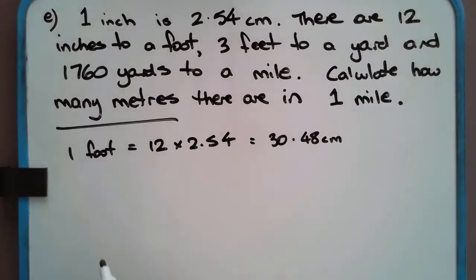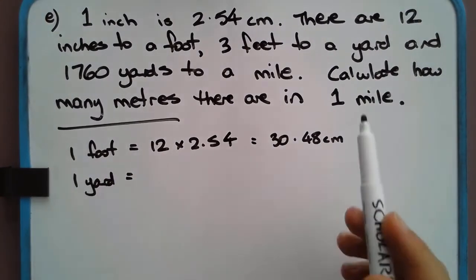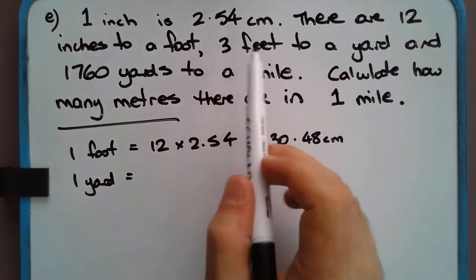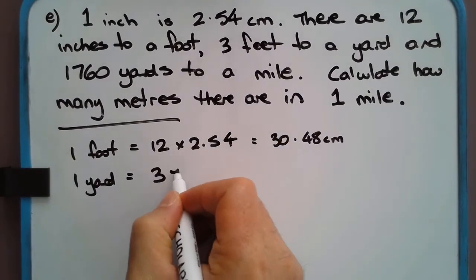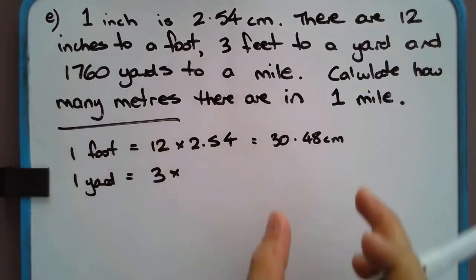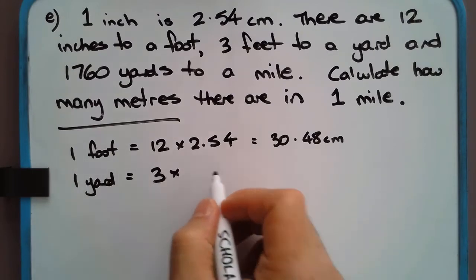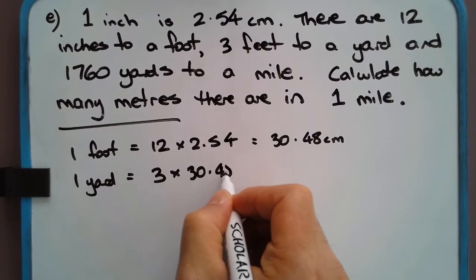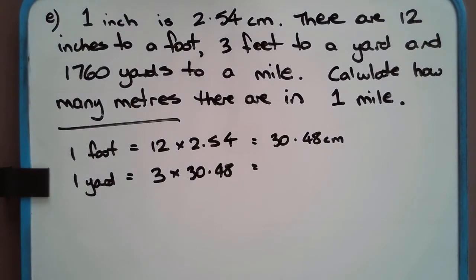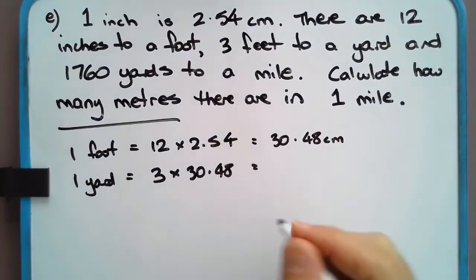Now, how much is a yard? 1 yard is equal to 3 feet, so 3 times 30.48. Basically what I'm doing is using imperial on one side and converting it into metric on the other. So previous answer times 3, and I get 91.44 centimeters.